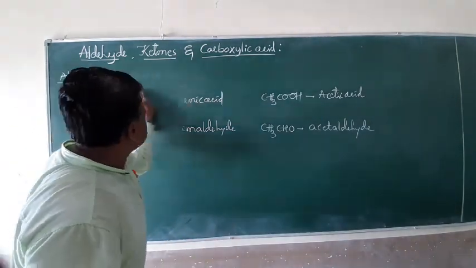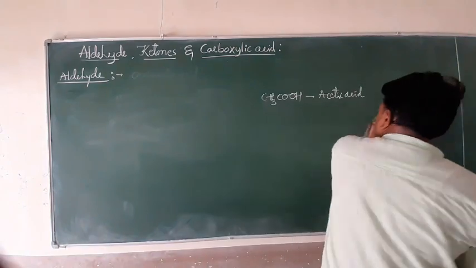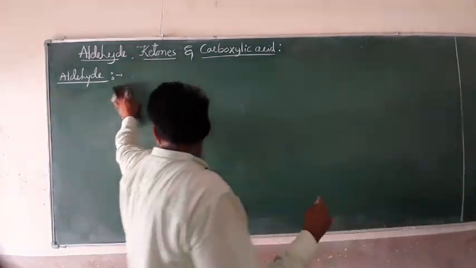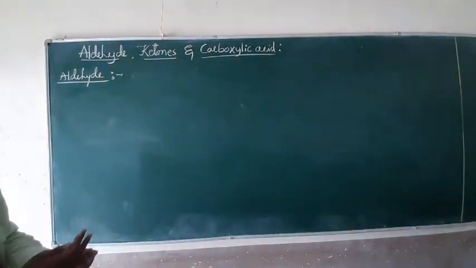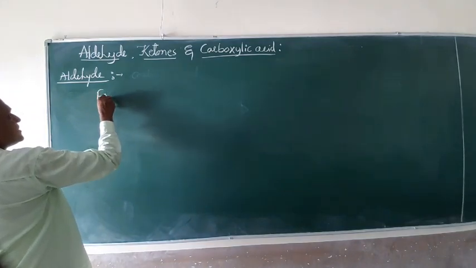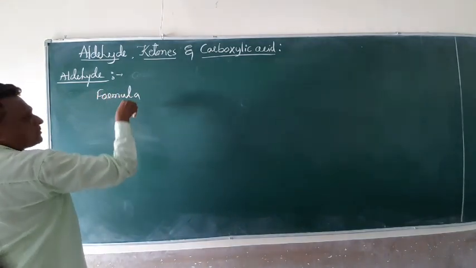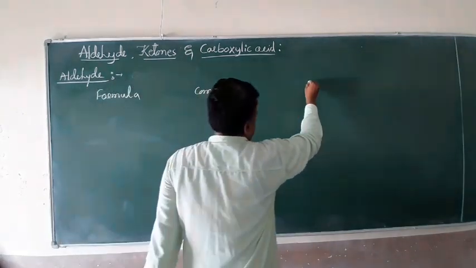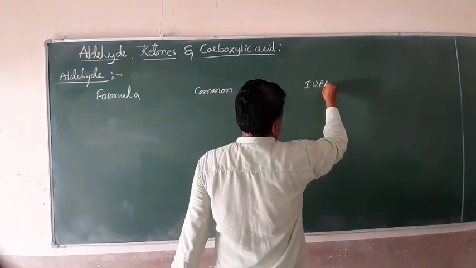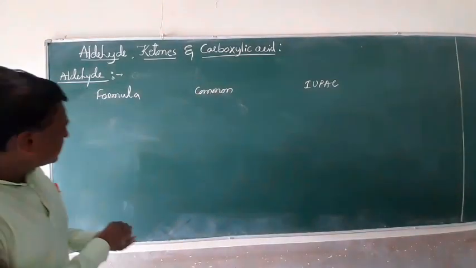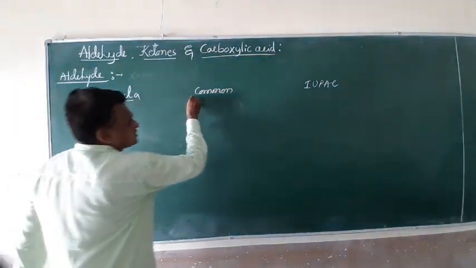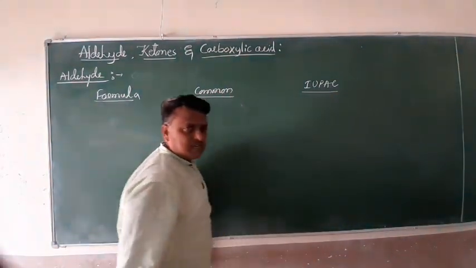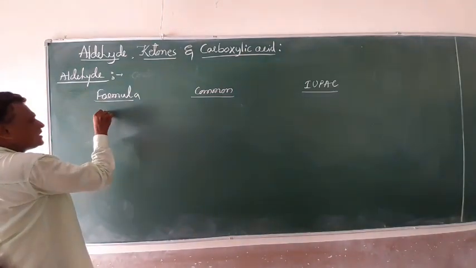First, friends, we will complete the aldehyde part of the nomenclature. How can you name them? Here we have the formula, common name, and IUPAC name. Let us begin with the simplest aldehyde of our syllabus, with the formula HCHO.